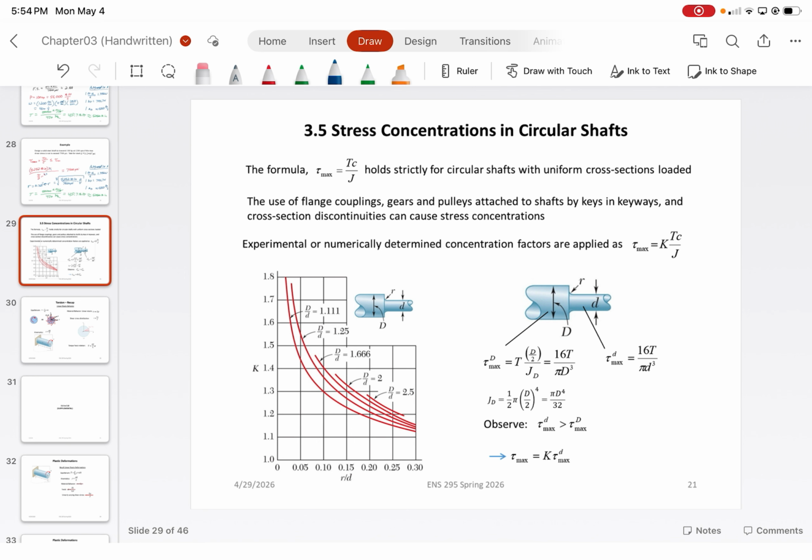So there's obviously a bunch of other tables. This is a very common example when the shaft has that little corrugation there.